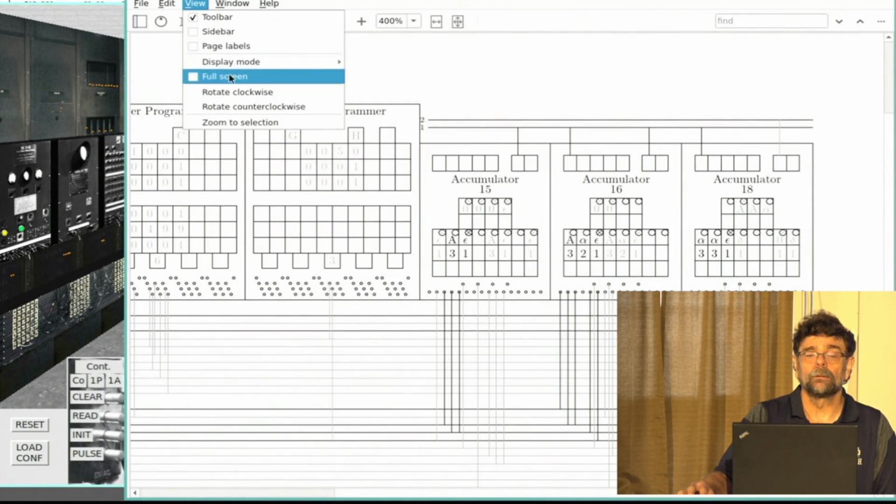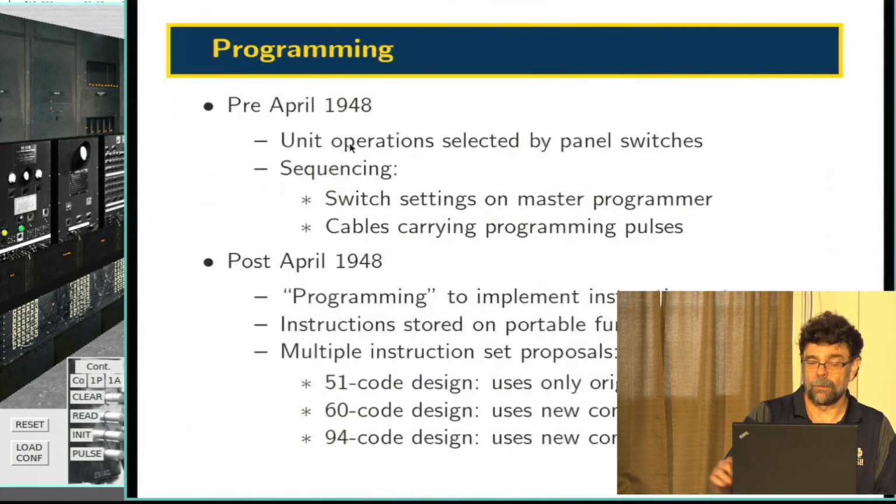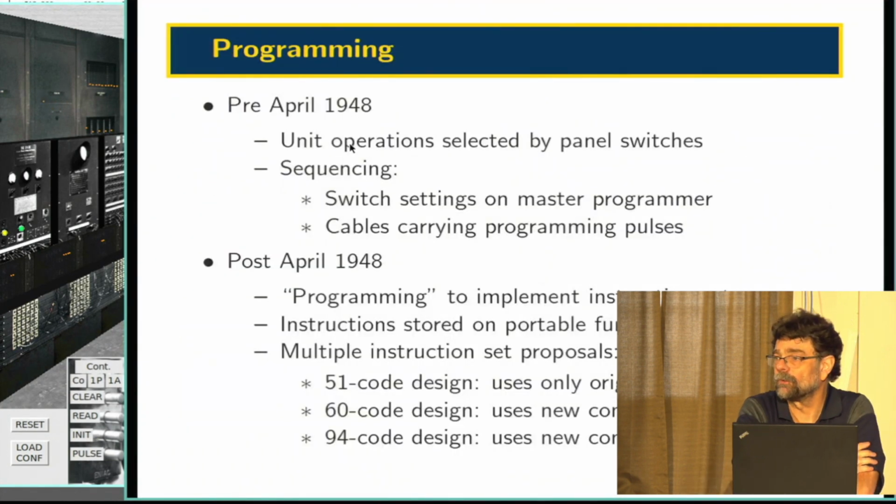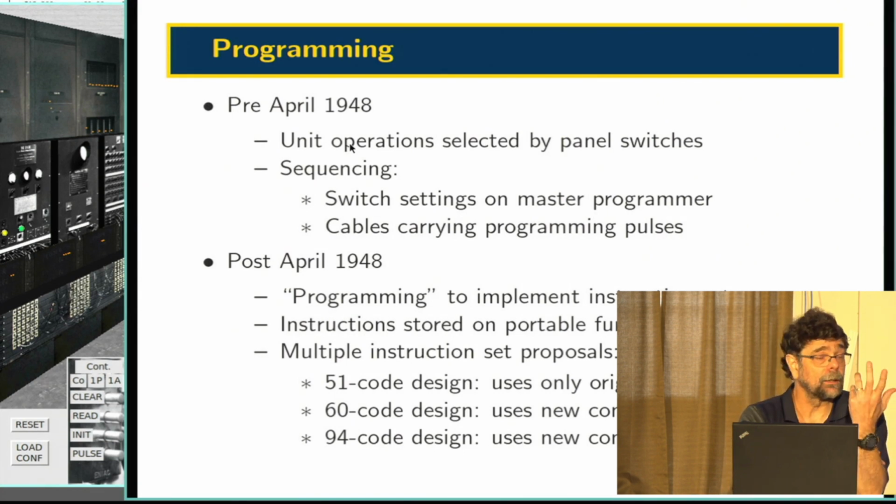Very quickly, I want to mention one more thing about the programming of this. This form of programming wasn't the only way it was used. It turns out if you've got a data flow machine that is Turing complete, basically you can repeat and have conditionals, you could design a program on this thing that would interpret instructions, i.e. you could make a CPU. And that's what they did in 1948.